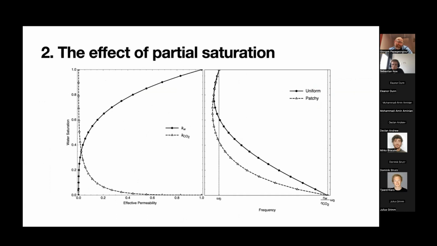I have a water saturation here and an effective permeability, and this is how the relative permeability of a rock is prescribed, according to a model called the Brooks-Corey model, which is very standard. And what I've shown here is how this effective permeability affects the characteristic frequency when you go from fully water saturated to CO2 saturated porous media here.